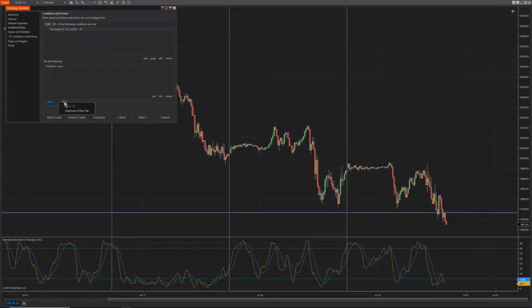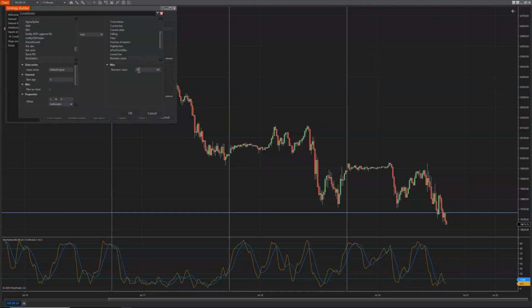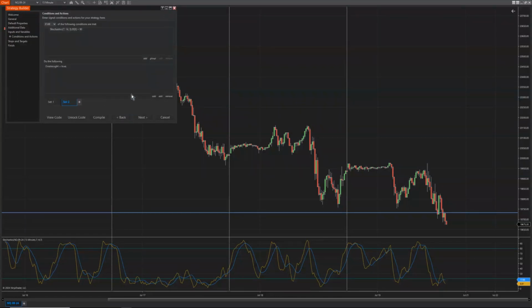We're going to copy this to duplicate it, and then we can edit this to overbought true, and edit this to above 90, so greater than 90. So those are our first keys.